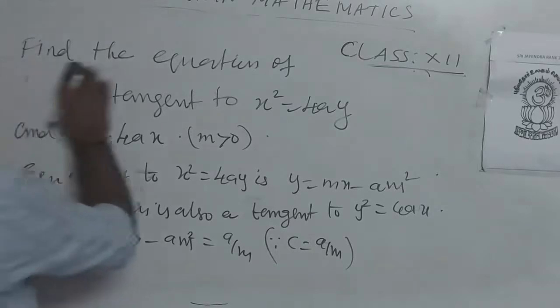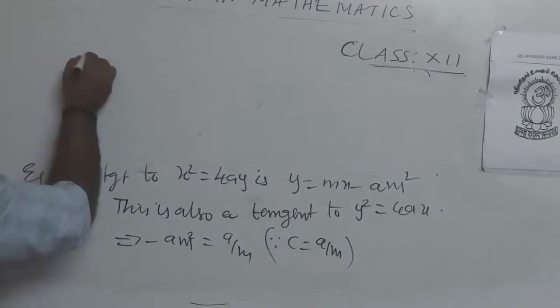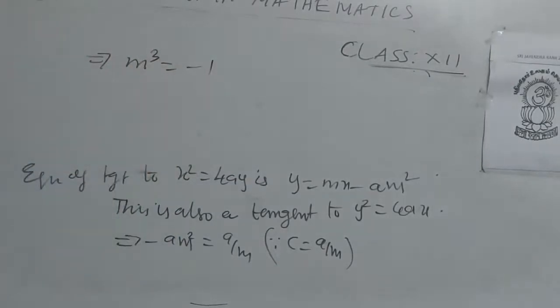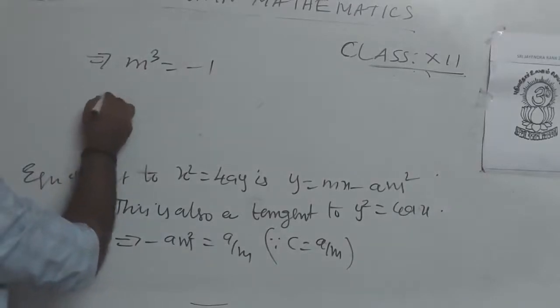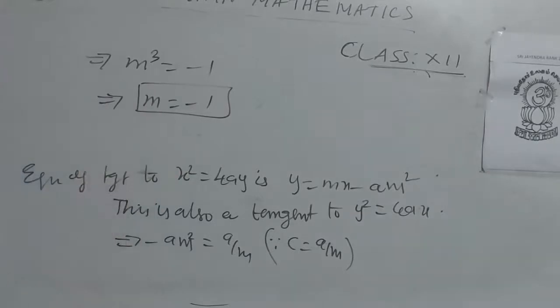So that m cubed equal to minus 1, which implies m equal to minus 1.